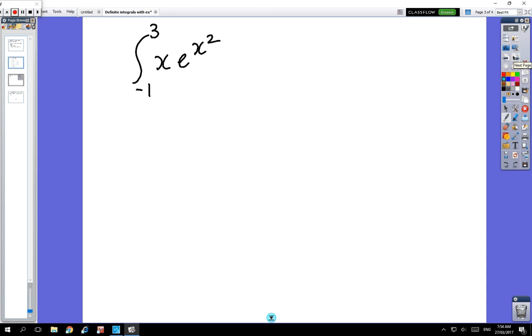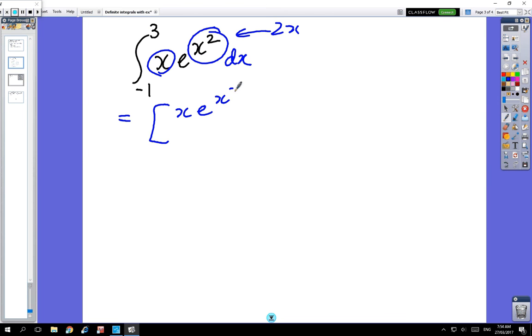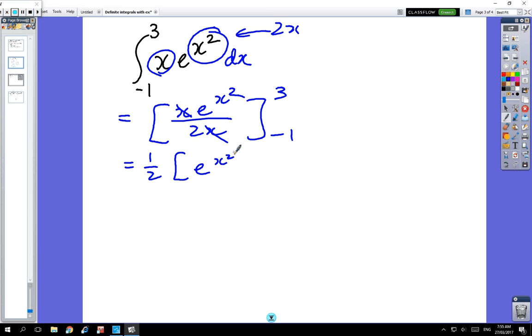This is another one of these where you have to do recognition. The derivative of x squared is 2x. I forgot to put the dx, sorry. So we've got a multiple of the derivative. So we've got e^(x squared) over 2x from 3 to minus 1. The x's cancel out, so I've got a half e^(x squared) from 3 to minus 1.